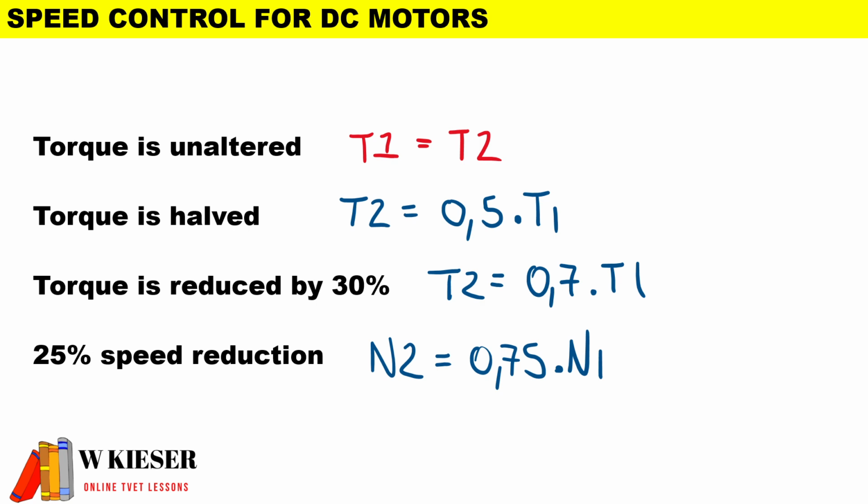So this implies that T2 is equal to 0.7 times T1. And then if you are given a 25% speed reduction, 100% minus 25% gives you 75%. So therefore N2 will be equal to 0.75 times N1. Alright, that's the background.